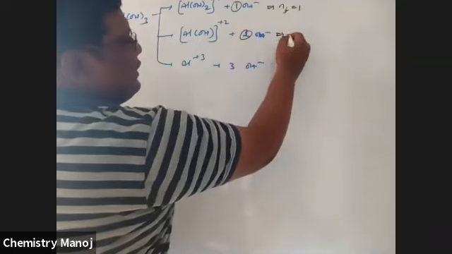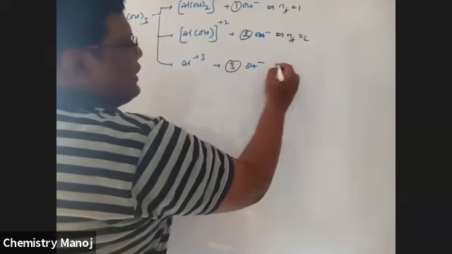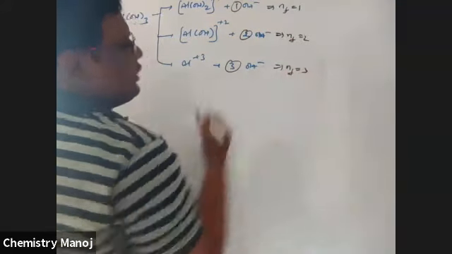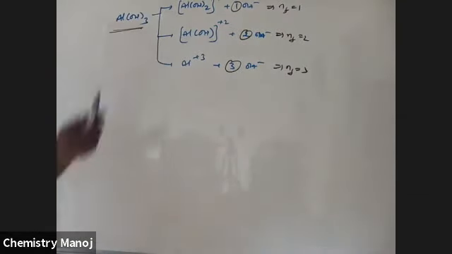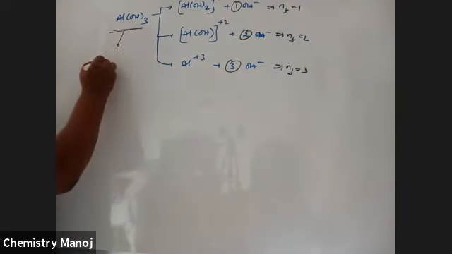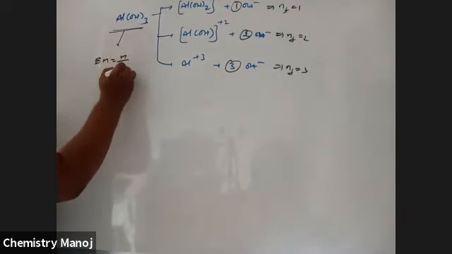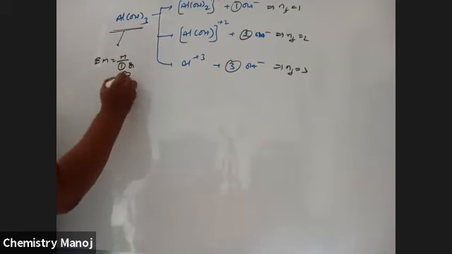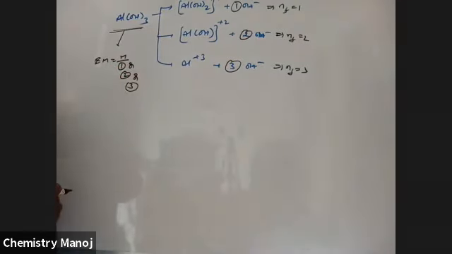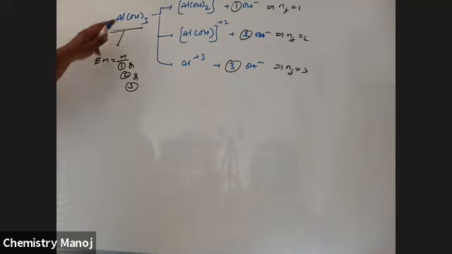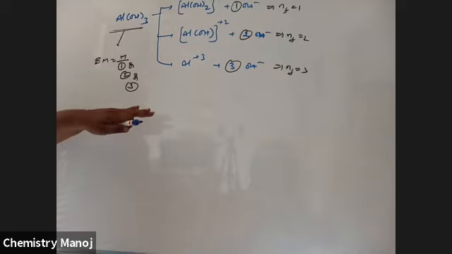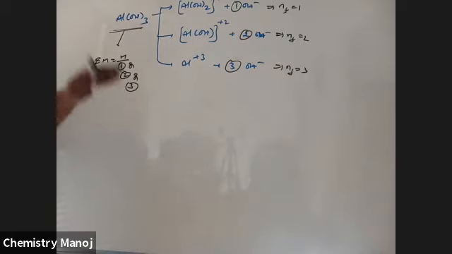In the second case, n factor is equal to 2. In the third case, n factor is equal to 3. For aluminum hydroxide, n factor may be 1, 2, or 3. Therefore, its equivalent mass is equal to molecular mass by 1, 2, or 3. That means the equivalent mass of Al(OH)3 is not fixed. It is M by 1, M by 2, or M by 3.